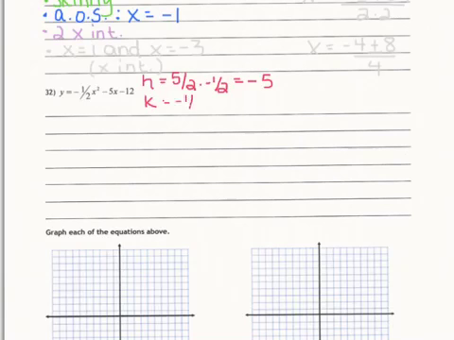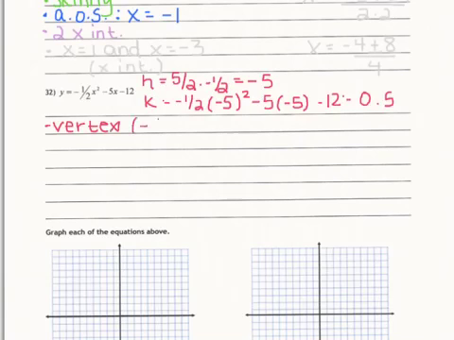So negative 1/2 times negative 5 squared minus 5 times negative 5 minus 12 comes out to be 0.5. So my first point that I can mark down is that the vertex is at negative 5 and 0.5.